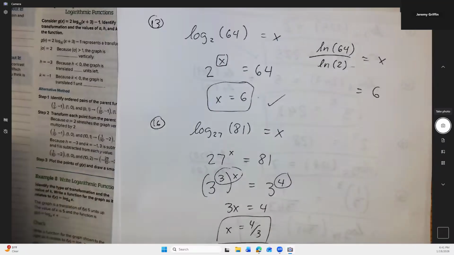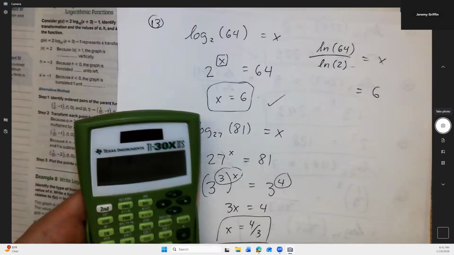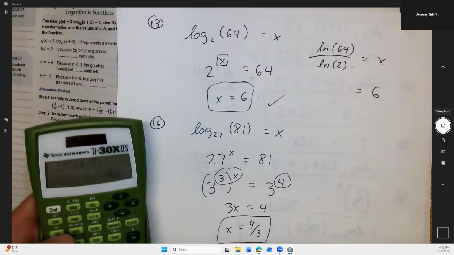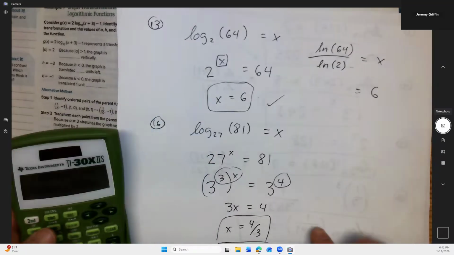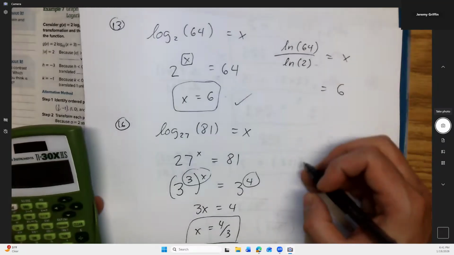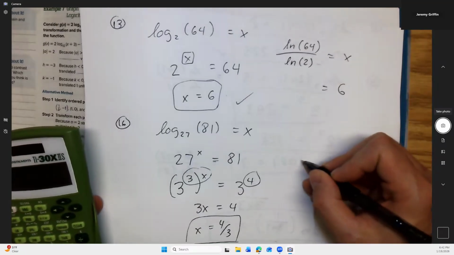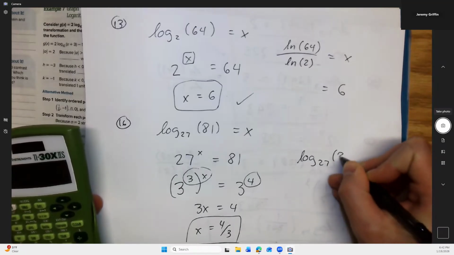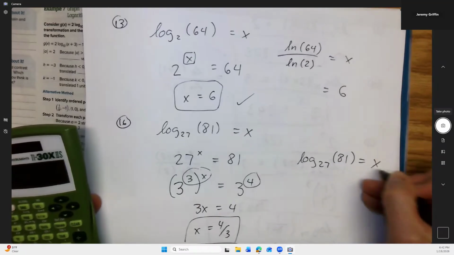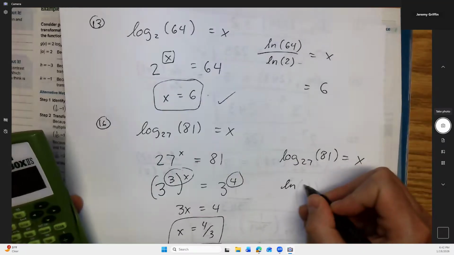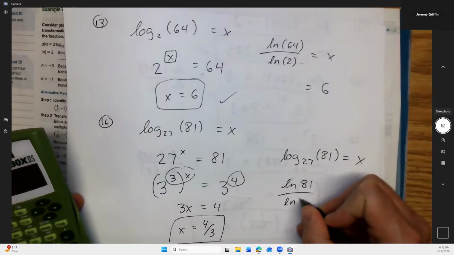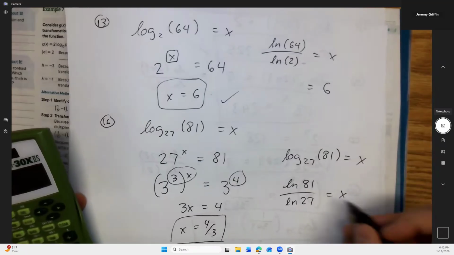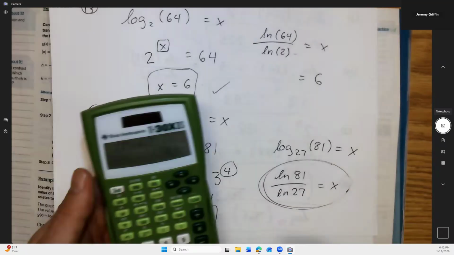That should be the answer. Make sure that works. So 27 to the power of 4/3 is 81. Check. How could you write this as a logarithm? I would do log base 27 of 81 is equal to x. Or for that matter, you could go natural log 81 over natural log 27. So this could also solve it. Let's see if it does.